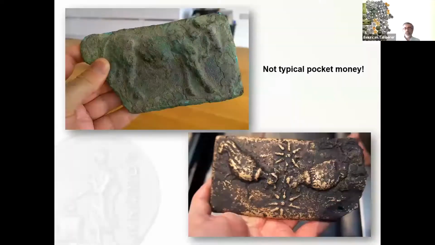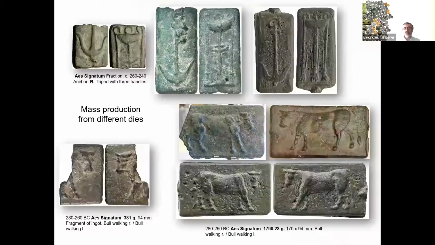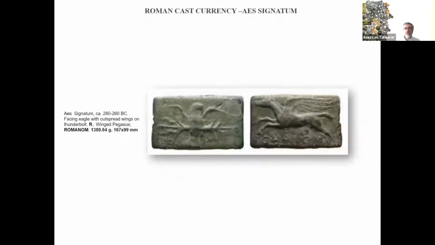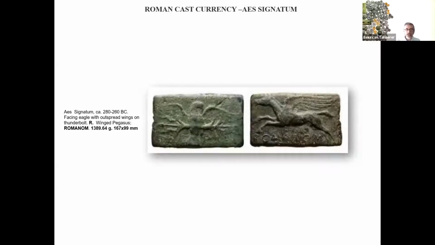Now, these pieces, we don't exactly know where they were cast and who did. And so for the first time, we can pinpoint the mint, or the place of the casting workshop, to be in Rome, because this one says Romano on it.